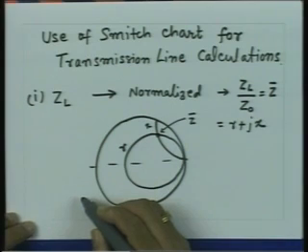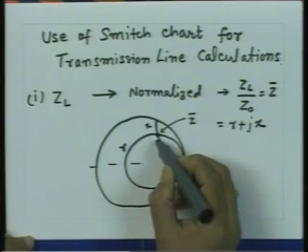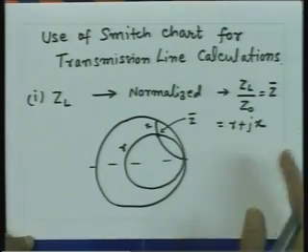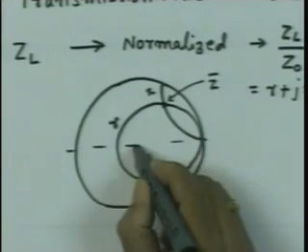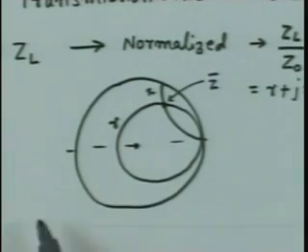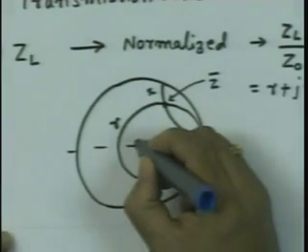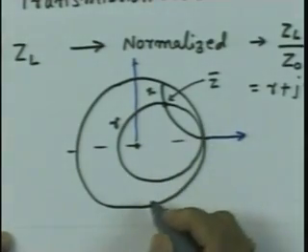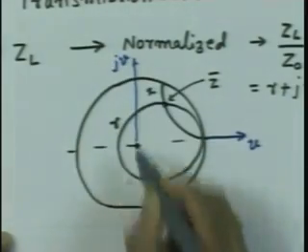Once this point is marked on the Smith chart, calculation of the reflection coefficient is very straightforward, because now the point has been marked on the complex gamma plane. So, if I read off this value on the complex gamma plane, that directly gives you the complex reflection coefficient. This is my origin, and let me draw the complex gamma axes, which are not drawn on the Smith chart. This is my u axis, this is my jv axis, and this is the origin.